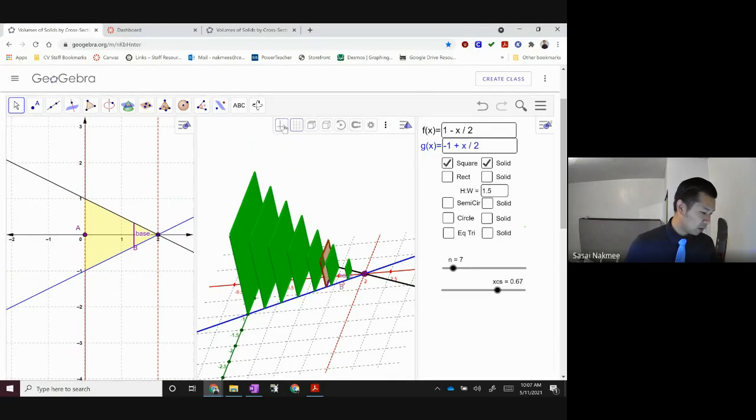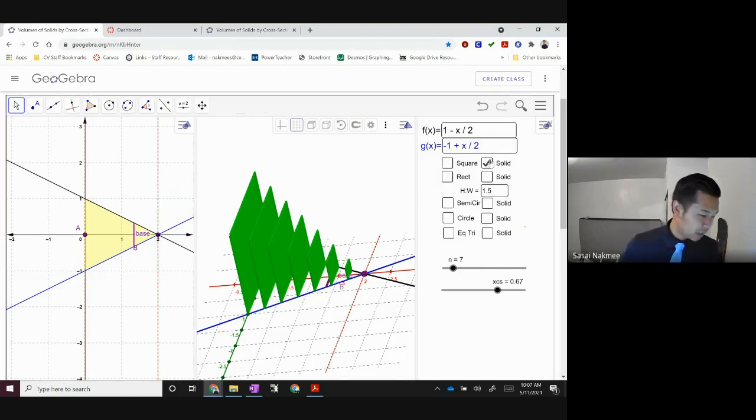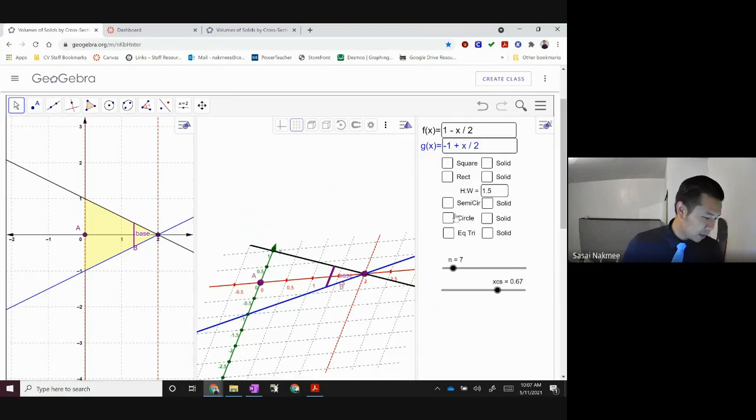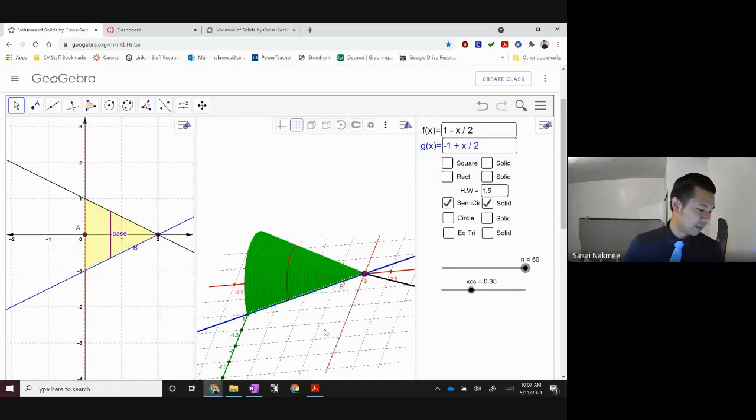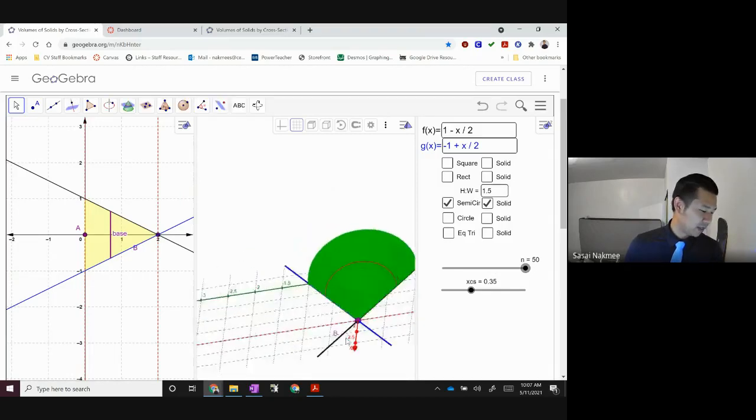Anyways, let's change this. So instead of it being a square, let's take that out now. And let's say it was looking at a semicircle instead. So it looks something like that. And again, if you looked at it as a solid, right, and we increase the number of it, it looks something like this. What does that look like to you guys?